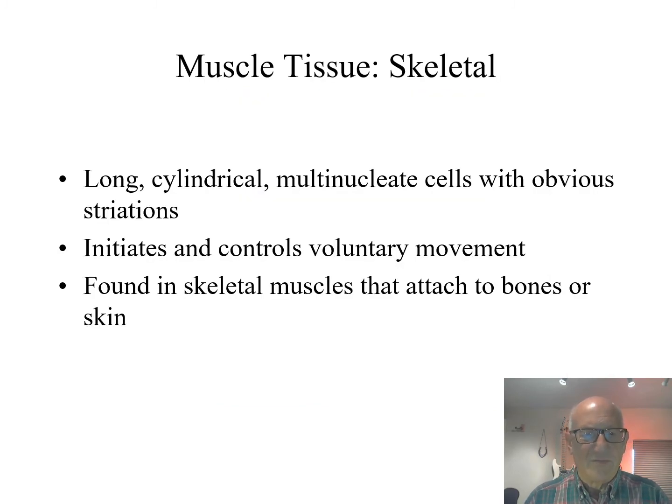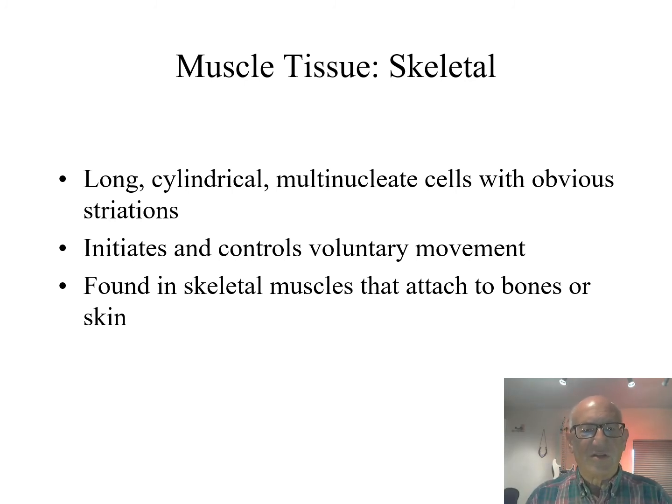Muscle tissue. There's three types of muscle tissue. The first one is skeletal. Skeletal muscle cells are long and cylindrical and multinucleate. They have multiple nuclei with obvious striations. Now, striations are dark and light colored lines that are running across the cells.